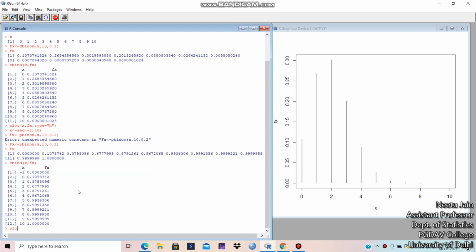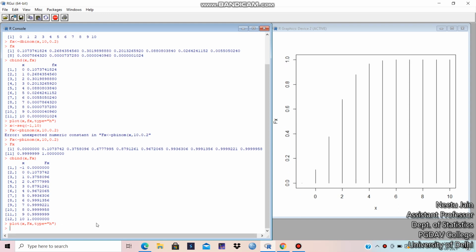The same thing, we can plot the cumulative distribution function, x, capital F. We are taking the same type is equal to h. See, this is the cumulative distribution function. At the last value 10, this would be 1. So this is the discrete distribution function, binomial distribution.